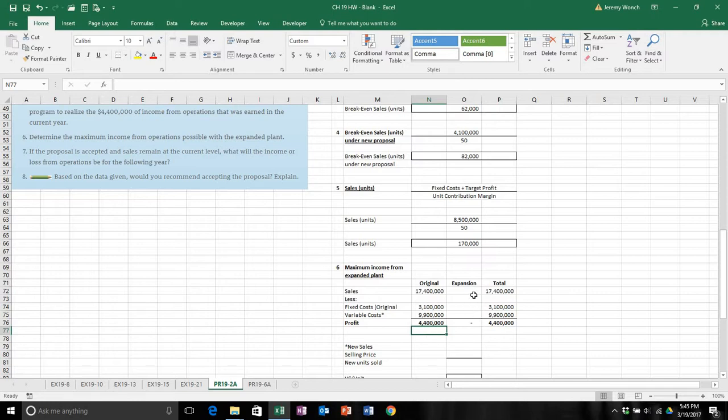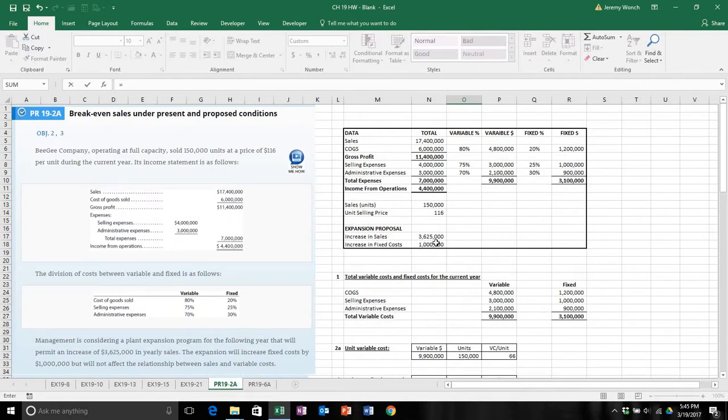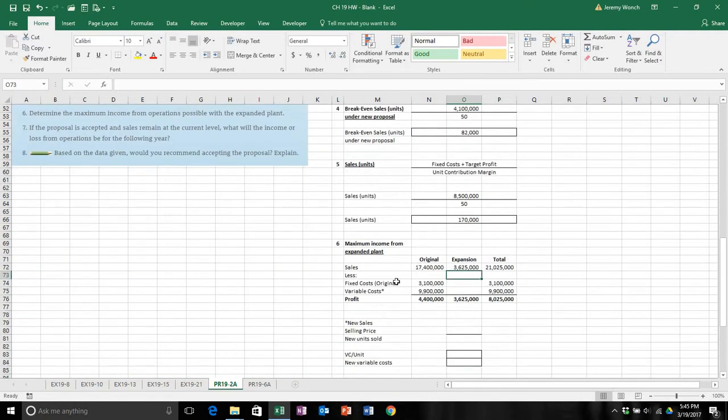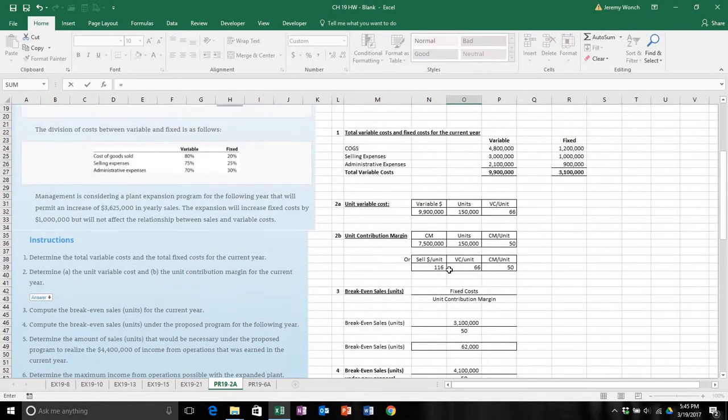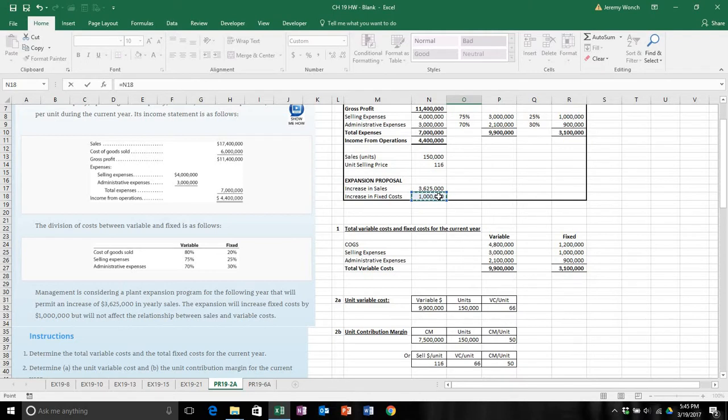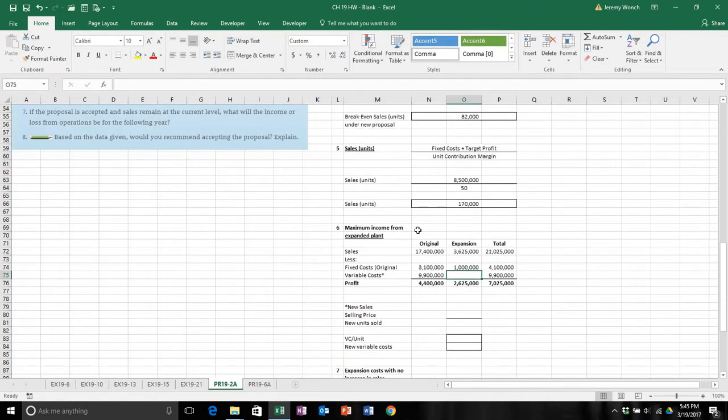And now if we do the expansion, it says that we're going to increase sales by 3.65. We're also going to increase our fixed cost, go back up here, by $1 million.